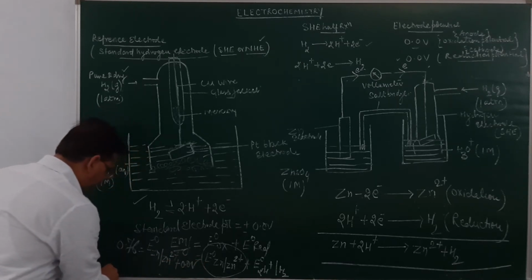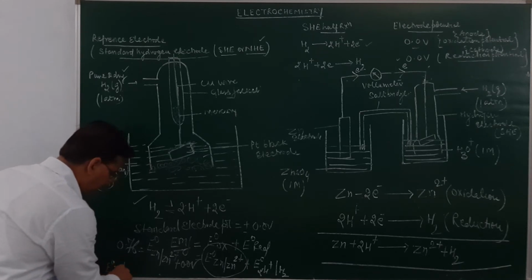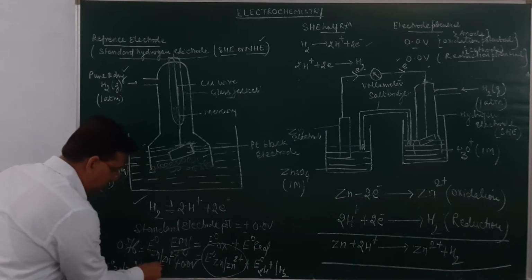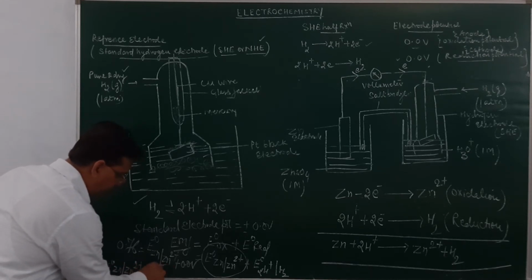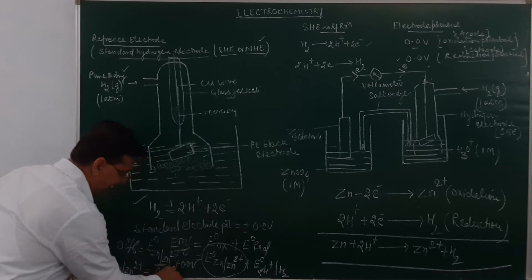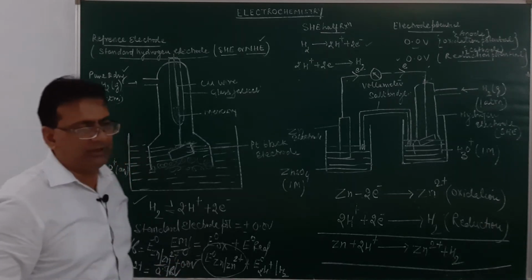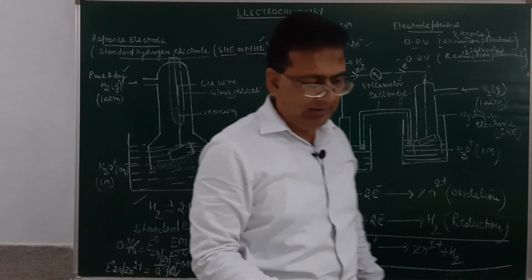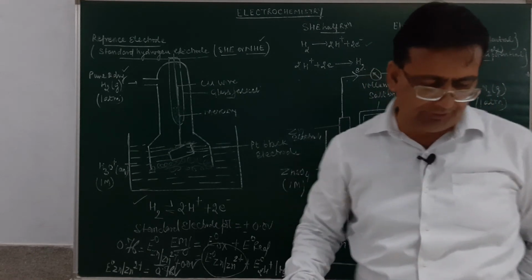So we find out over here that E naught of zinc to Zn2+ ion will be equal to 0.76 volt. So this is how the oxidation potential of a zinc electrode is to be determined.